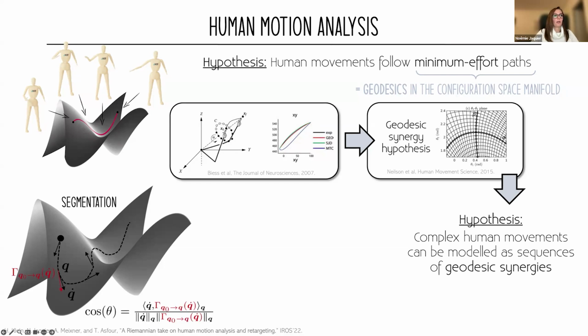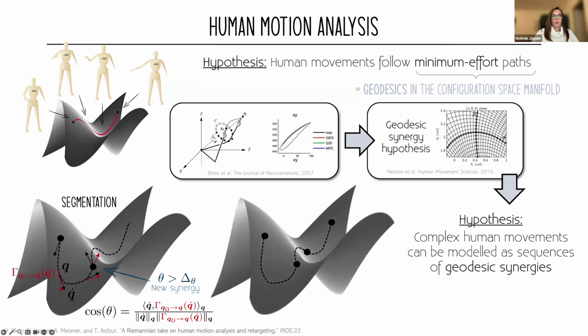So we look at what the velocity would be at the next point if we were on a geodesic. And then we check the difference between the current velocity that we observe and the velocity that we would have if we were on a geodesic. As long as those two vectors are closely aligned, it means that we are still on a geodesic. And when this changes and we have a big angle between the current velocity vector and the one that we're expecting, it means that here we have a breaking point, and we are starting a new geodesic, a new synergy.